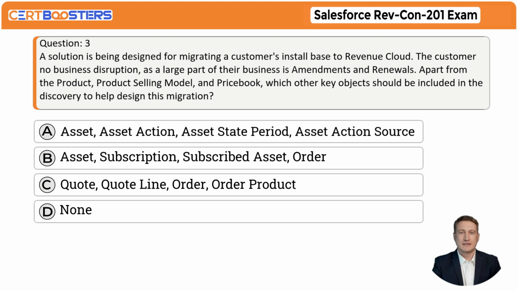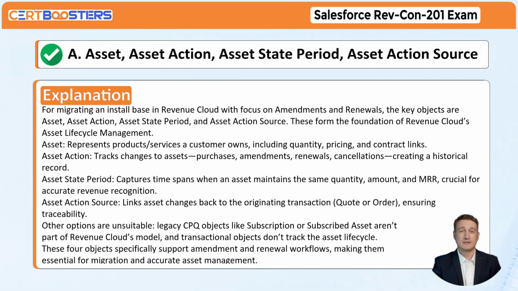A. Asset, asset action, asset state period, asset action source. B. Asset, subscription, subscribed asset, order. C. Quote, quote line, order, order product. D. None. Answer. A. Asset, asset action, asset state period, asset action source.